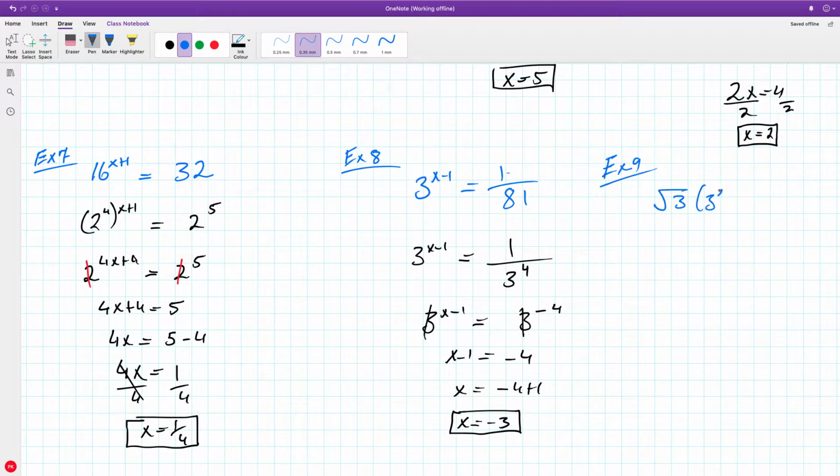Root 3 by 3 to the power of x is equal to 243 over root 27, all squared. So obviously we're working with base 3 here, trying to turn everything into base 3.